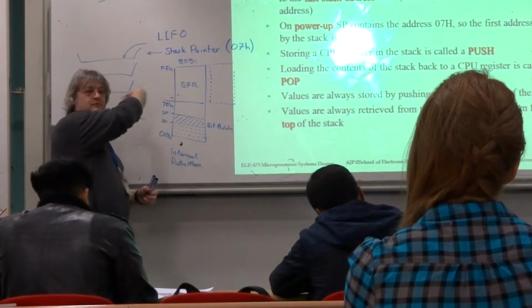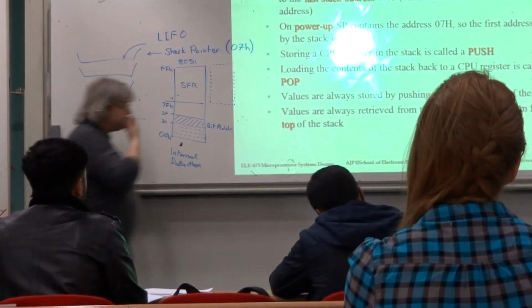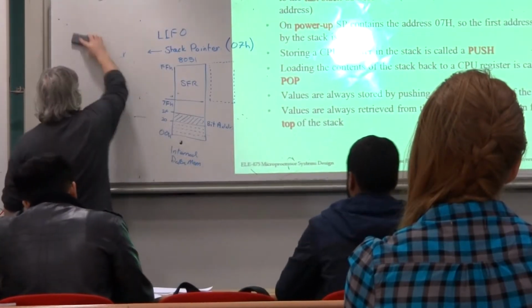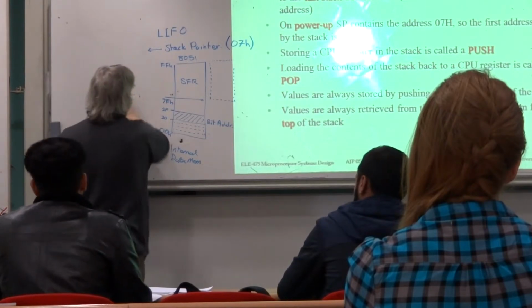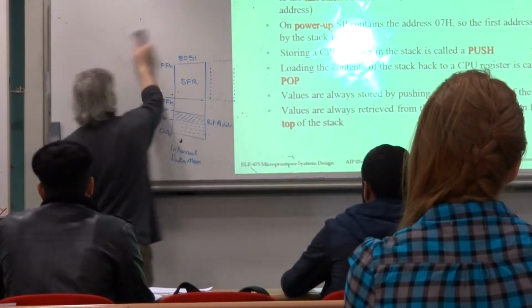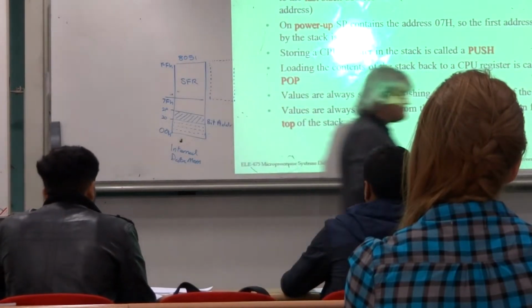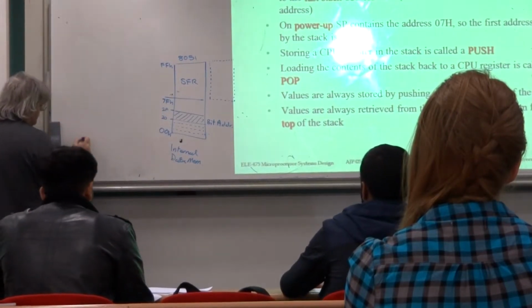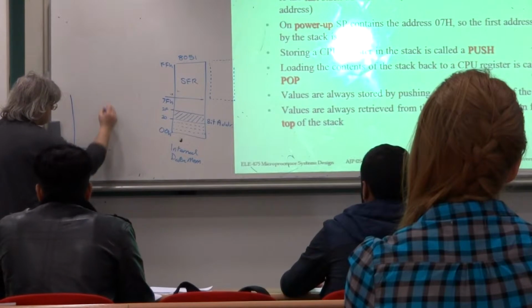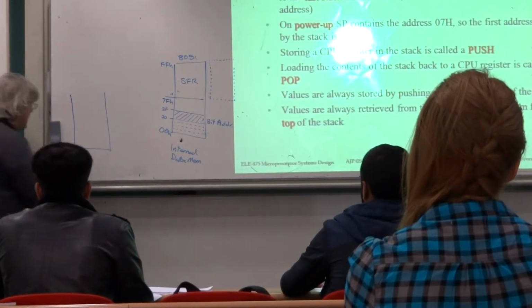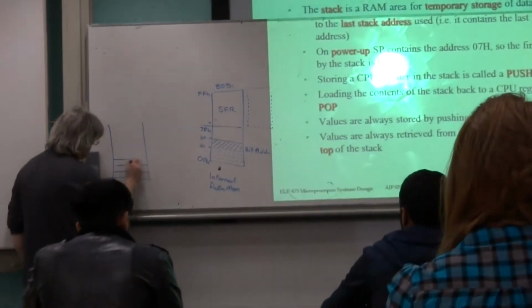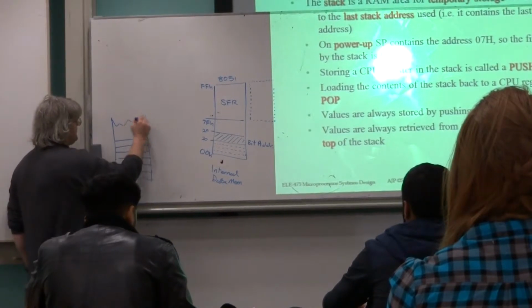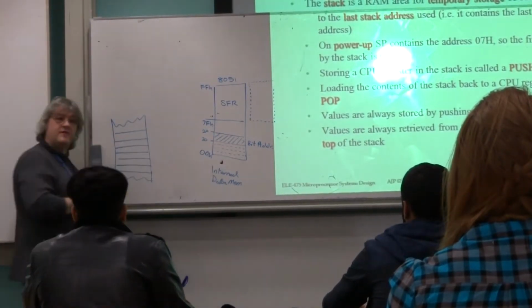Now, I'm going to show you, I'll go through the process. So, let's do that now. So initially, you've got a block of memory locations here inside the 8051, and this is part of this over here.